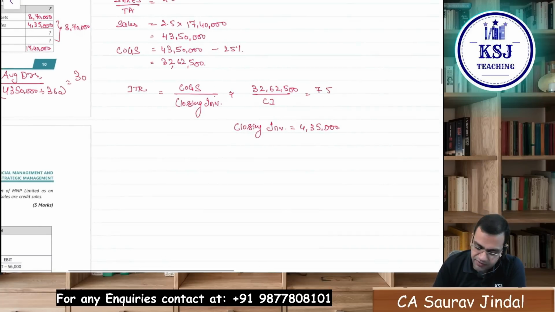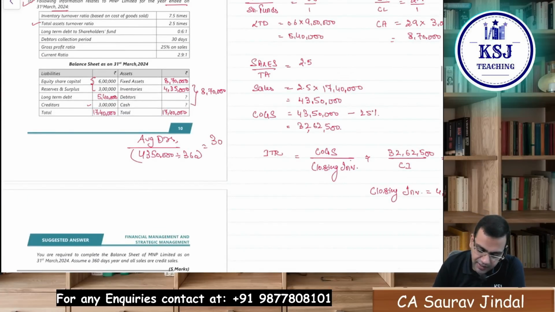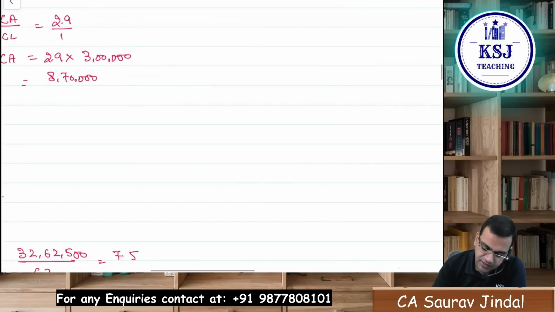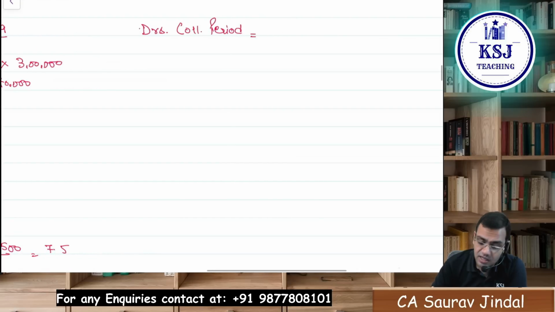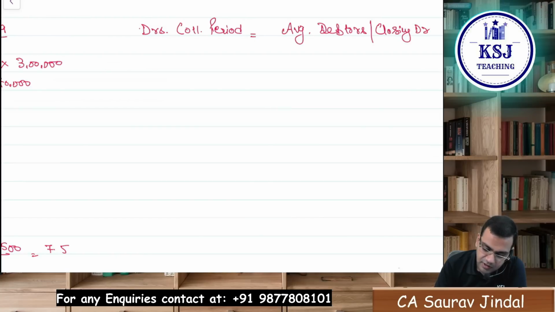Now for debtors, what we are going to use is the debtors collection period, that is given as 30 days. What is debtors collection period? It is average debtors or closing debtors divided by credit sales per day, which is given as 30.